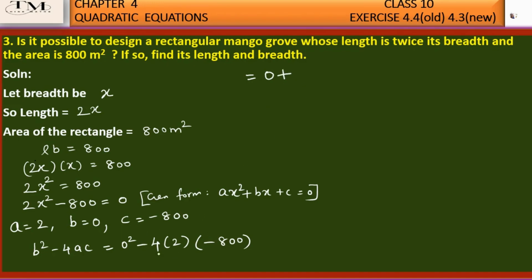Plus 4 into 2, 8. So 8 into 800. 8 into 8 is 64, so 6400. So b square minus 4ac is 6400. Okay. So it is positive. It is greater than 0.